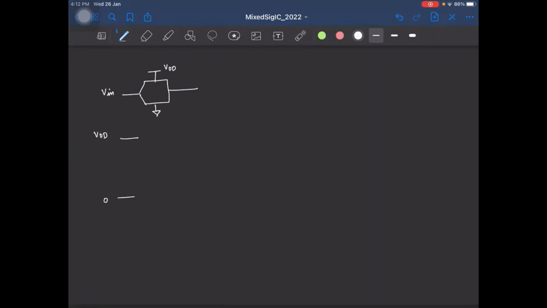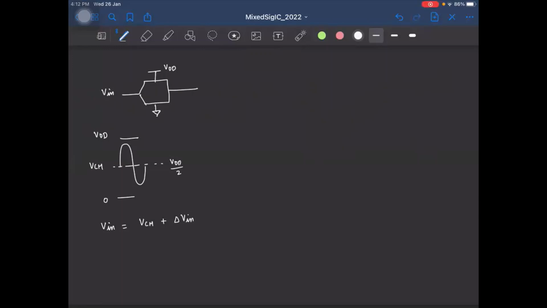Okay, and usually this input will be given over a common mode voltage. Okay, and this common mode voltage, which I call VCM, is usually in the middle, right? I mean, it is usually VDD by 2. Okay, and the input voltage can swing over this common mode voltage, right? So the input voltage, how can I write? It will be VCM, that is the common mode voltage, plus some delta Vin, right?